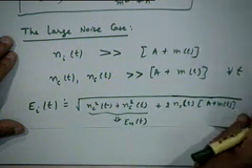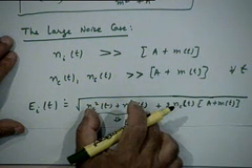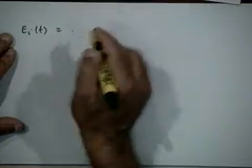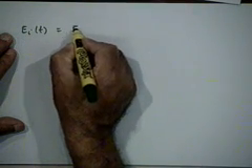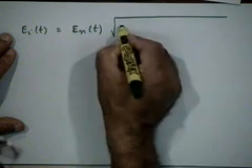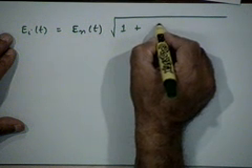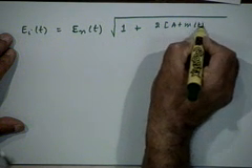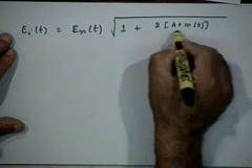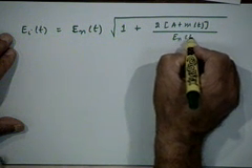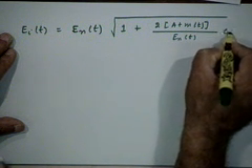So I can rewrite this as En square(t). If I take this En(t) outside this square root sign, this will become 1 plus 2 into A plus m(t) upon En(t) and cosine theta_n(t).